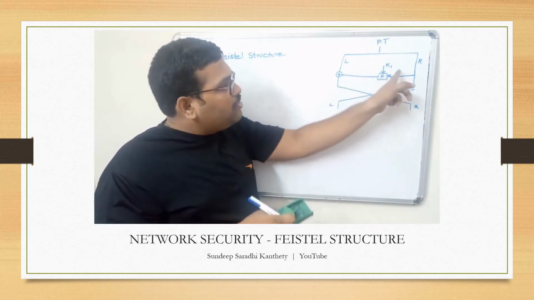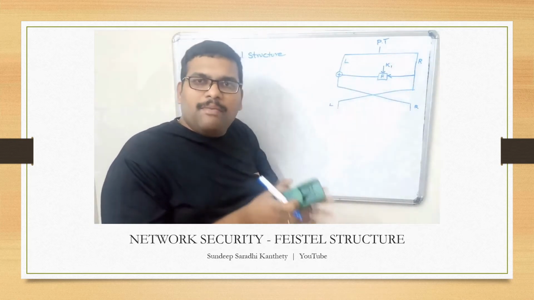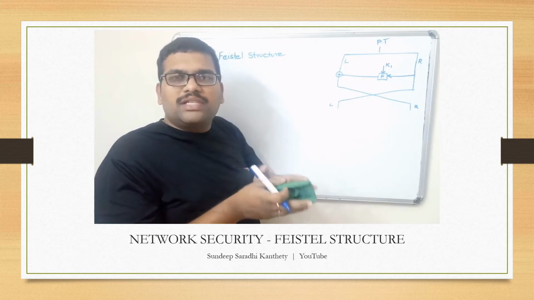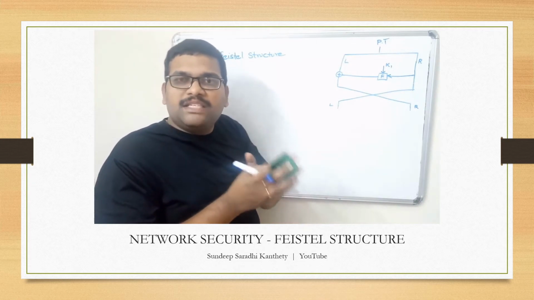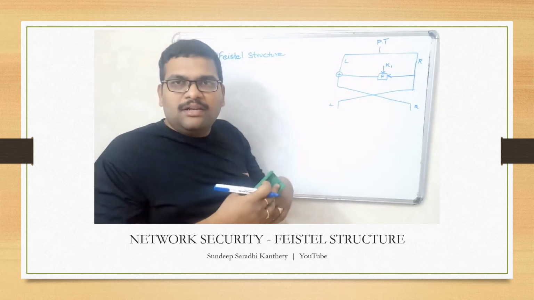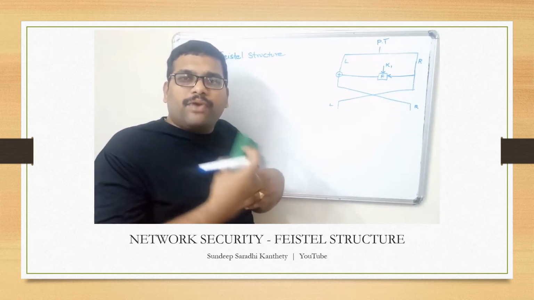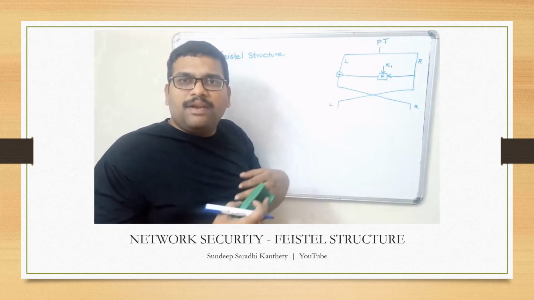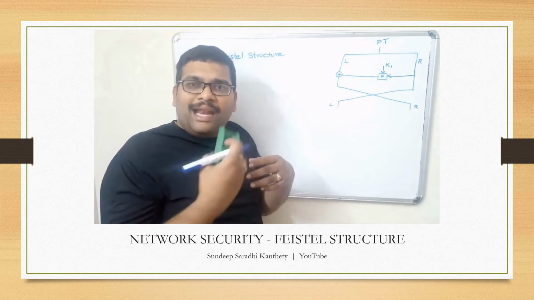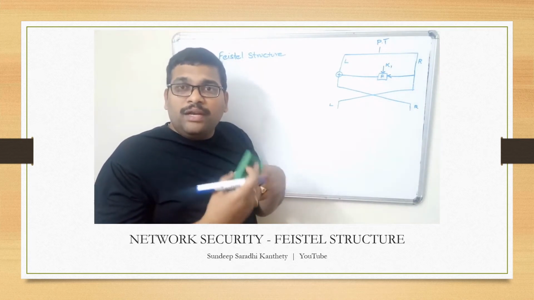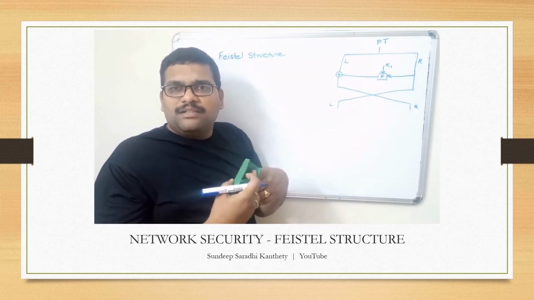Here we will have a master key, and in each and every round we will use a separate subkey. That means from the master key we have to generate different subkeys. Depending upon the number of rounds, we have to create a number of subkeys. For example, if our algorithm has 10 rounds, we need to generate 10 subkeys from the master key.